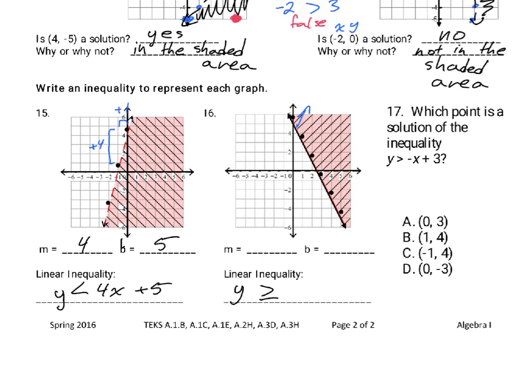So our slope, it looks like it's going down 2 and over 1. So negative 2 over 1 or just negative 2. Y-intercept is up there at 6. So the b is 6. So we get y is greater than or equal to negative 2x plus 6.